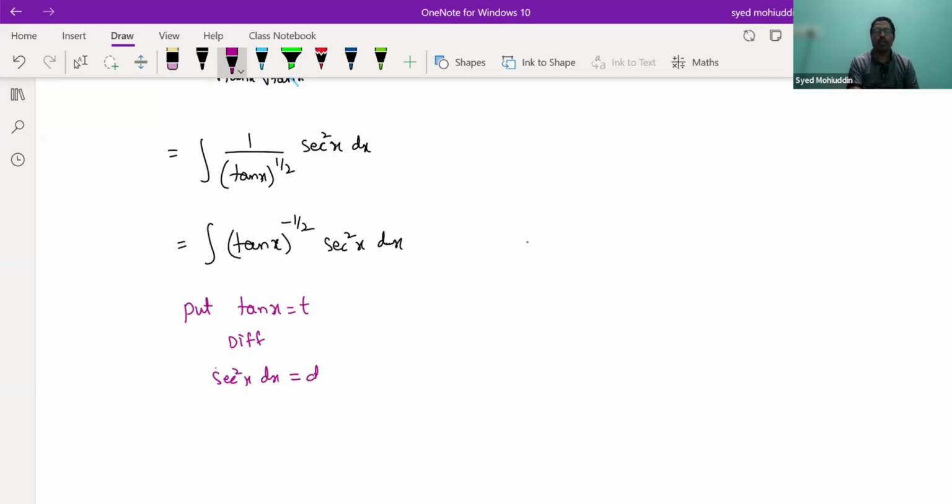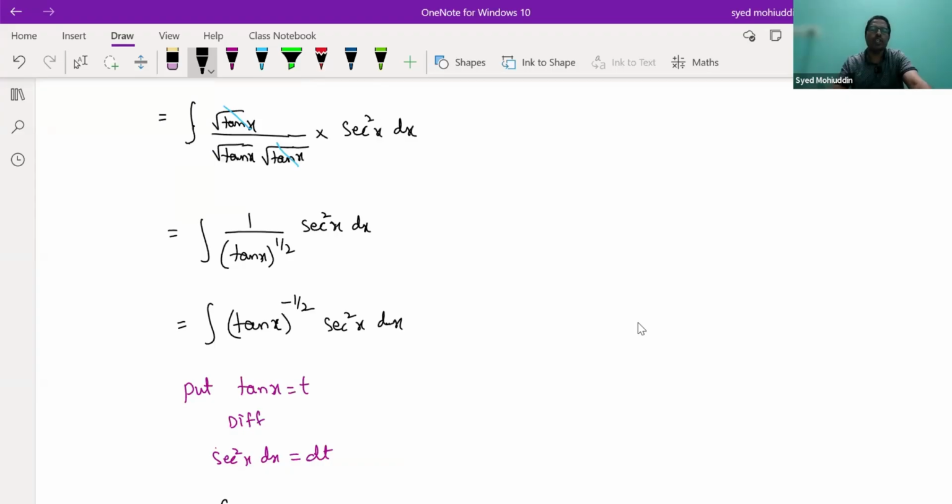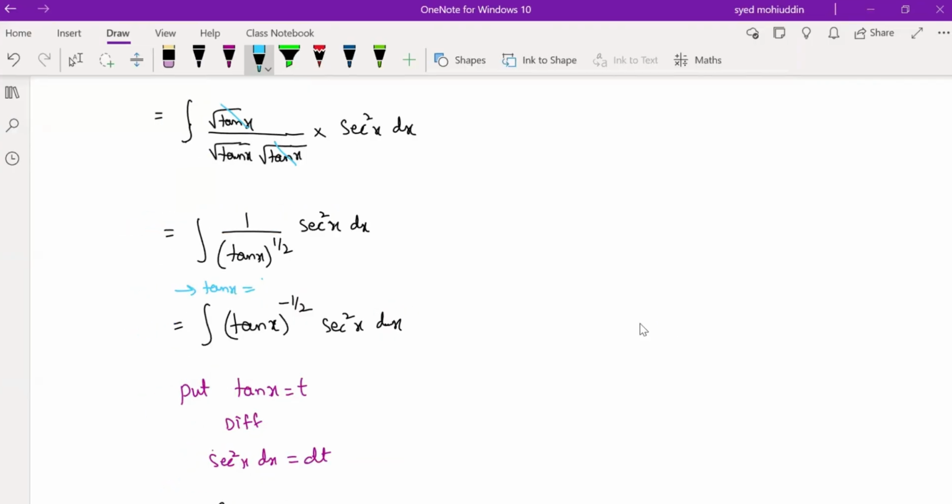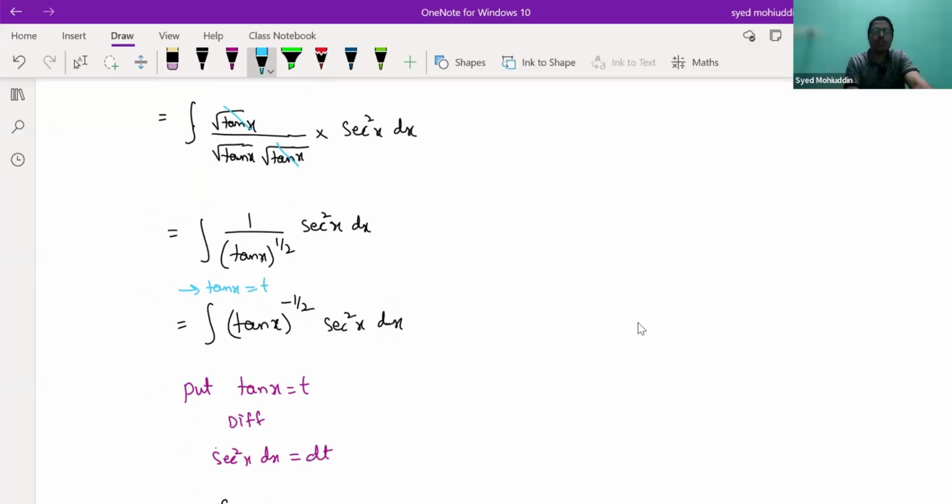Now let us plug this value back into the given integral. There are two ways in which you can express it. Directly, you can put tan x to be t and continue. But again, you have to further simplify it, if you know the formula of 1 by root x, then you can go ahead.